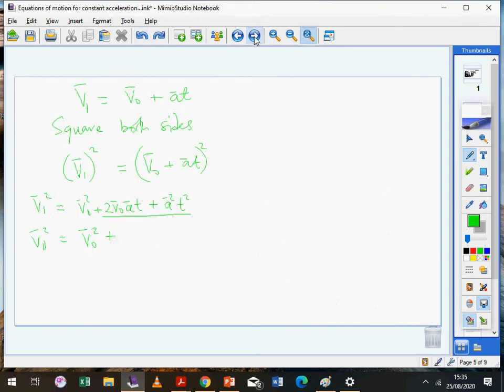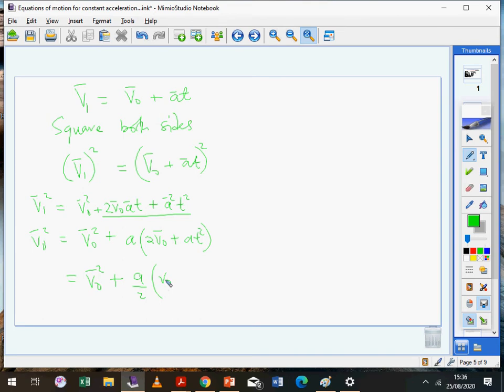So if I pull out a, I'll be left with 2v0 plus at squared. Now, if I continue on and pull out a half, a over 2, I'll be left with v0 here.